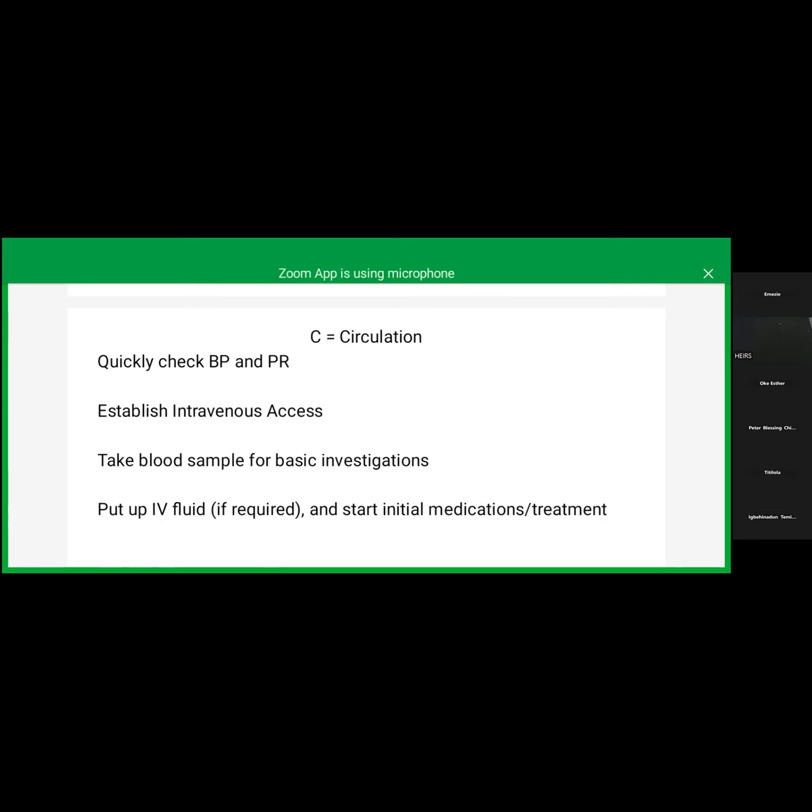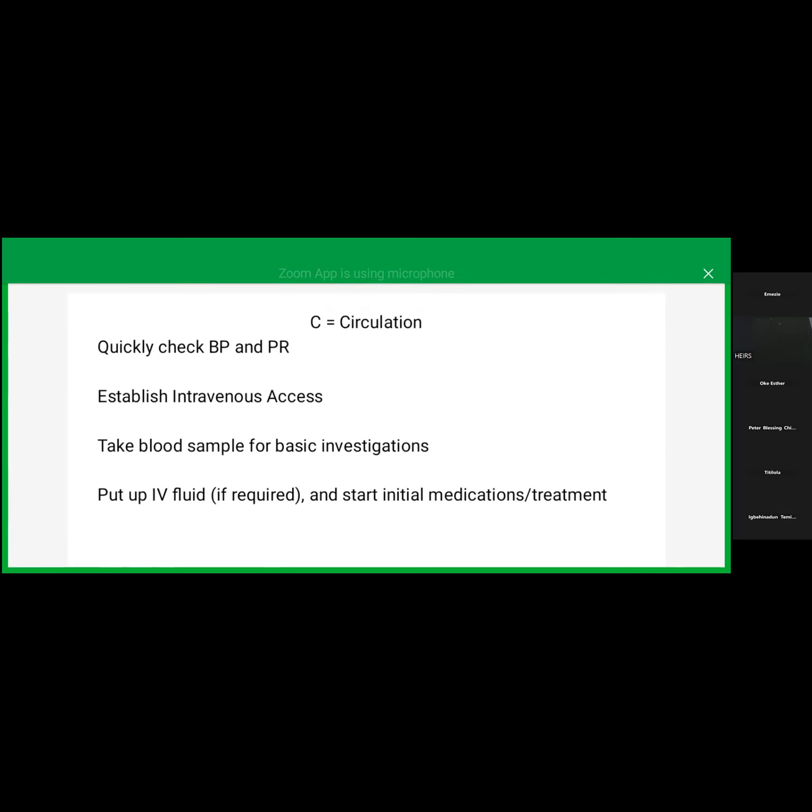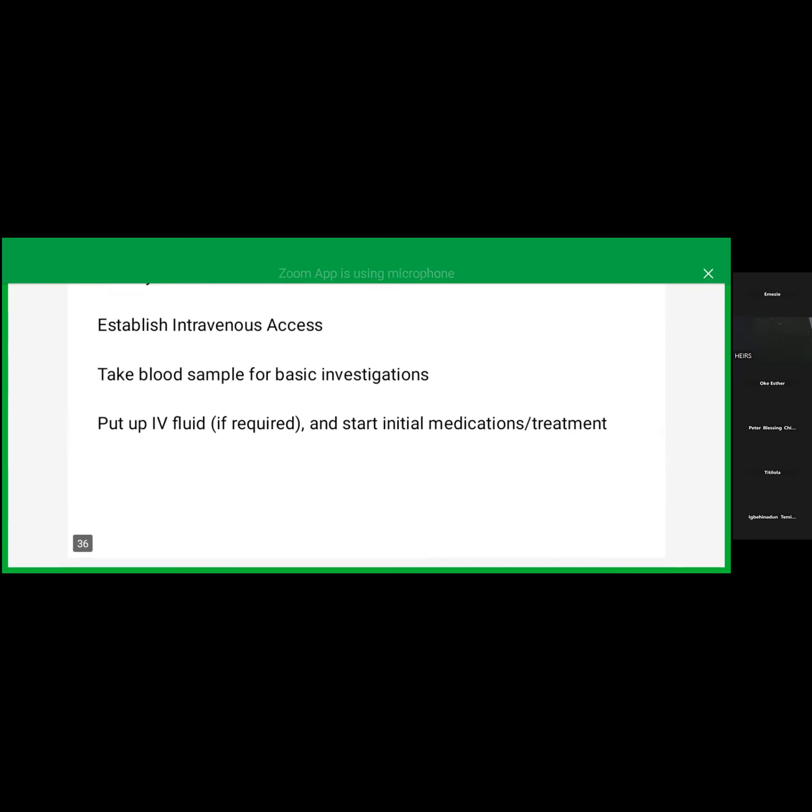That is why we must check the BP, because it's the BP that will tell us whether this person will need IV fluid or not. If the BP is low or very low, we need to put up IV fluid to optimize the BP. So that's why we need to quickly check the BP and pulse rate, so that we know if we are going to put up fluid for that person immediately or wait a little bit.